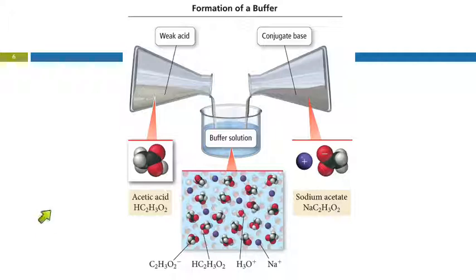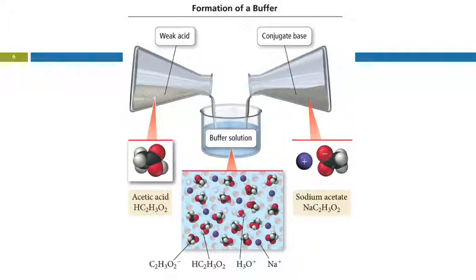Okay, so here's a picture. We mix a weak acid like acetic acid with its conjugate base. The conjugate base is acetate ion, so you have to have a counter ion with that. Sodium's a common one, so sodium acetate. We put both of these together and make a solution. Now we have acetate ions and we have acetic acid molecules.